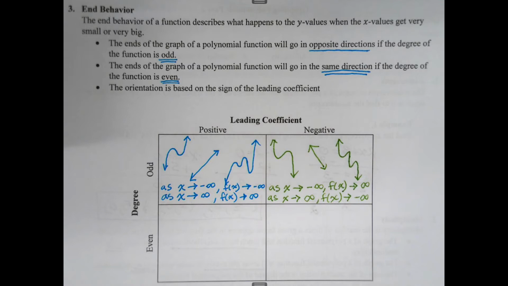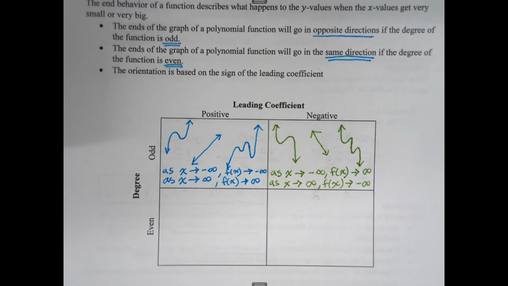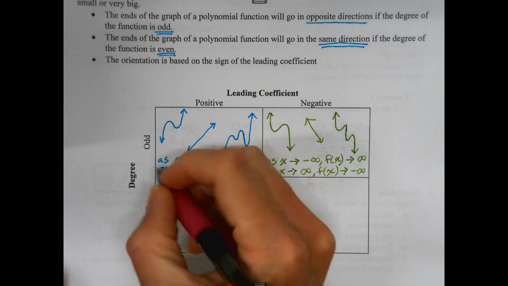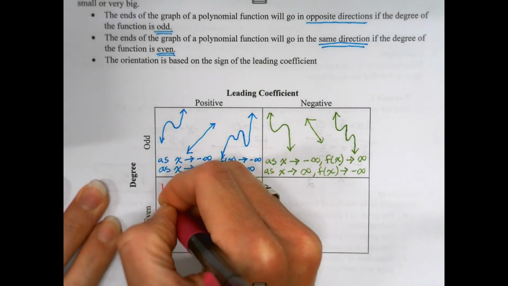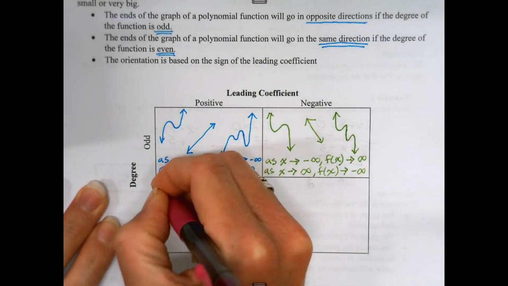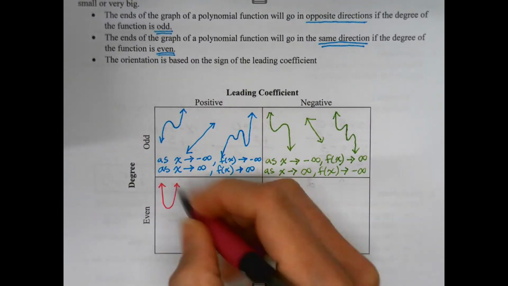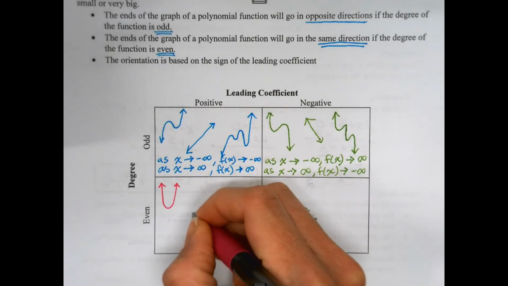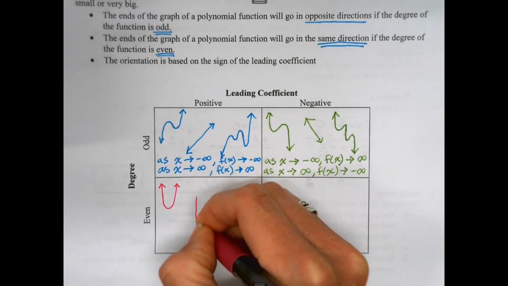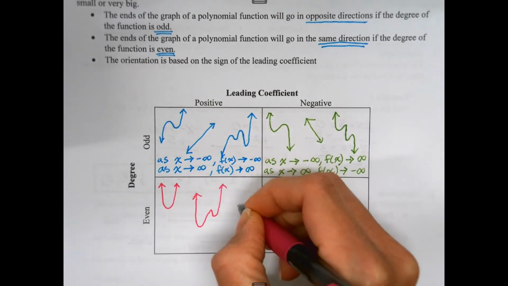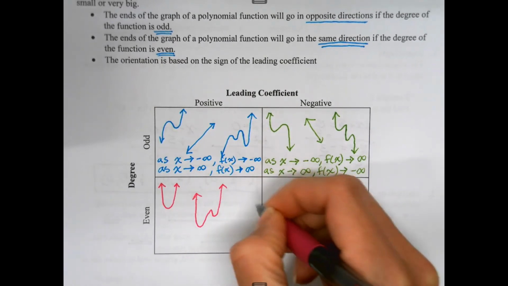Now, if our degree is even, the ends of our function are going to go in the same direction. If our leading coefficient is positive, think about a positive parabola. A positive parabola opens upwards, and both ends go in the same direction. We could have W shapes, or even more turns in there.